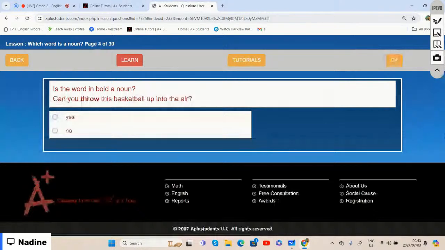Can you throw this basketball up in the air? So the word throw, look at the word throw. Is that a noun? Option one, yes, or option two, no. Throw. Is that a noun?